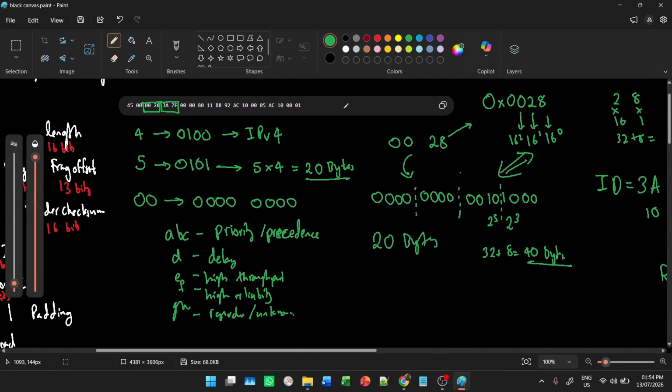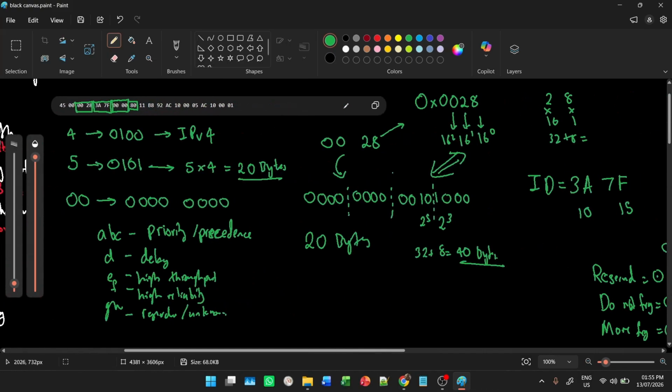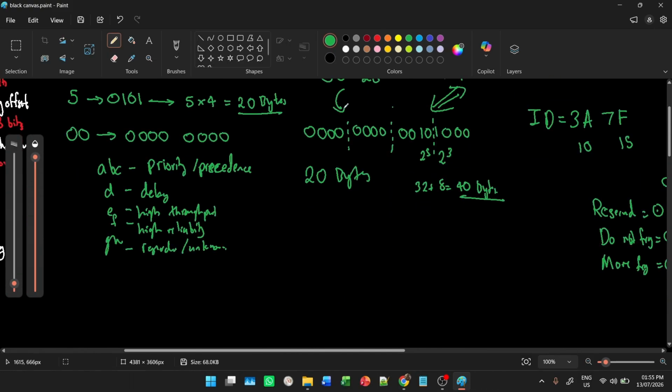So now we have taken care of this. Let's move on to the next 8 bits. This 80 is going to show us the TTL, time to live. So it's 80, and then we have 11. If we convert 80 into binary, we get 1000 0000.